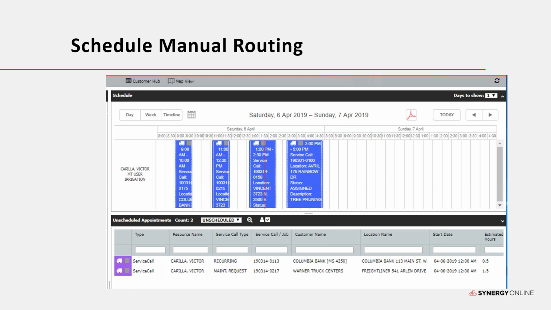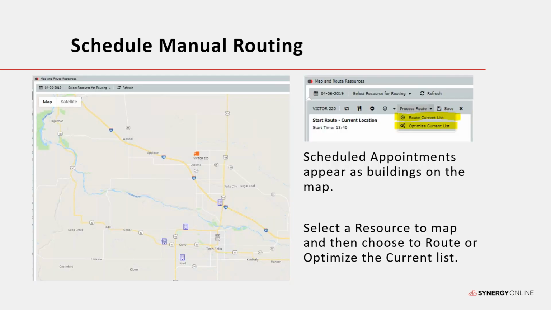But if I want to check and see how much drive time is going to be involved in Victor's day, I can do that by pulling up the mapping and routing. So the scheduled appointments appear as buildings on the map, and I could select the resource in the mapping and routing, and I can route the current list of calls.